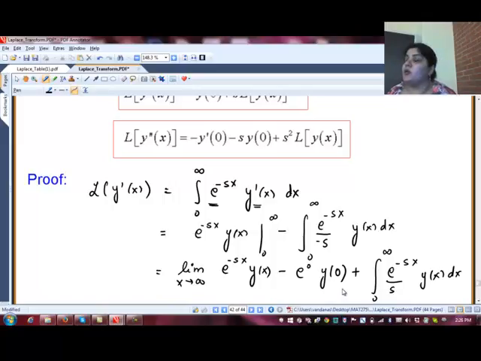I see a problem here. What's the problem? There's a problem in this step right here. Yes, it's negative. S has to be greater than 0. No. There is a problem in integration by parts.